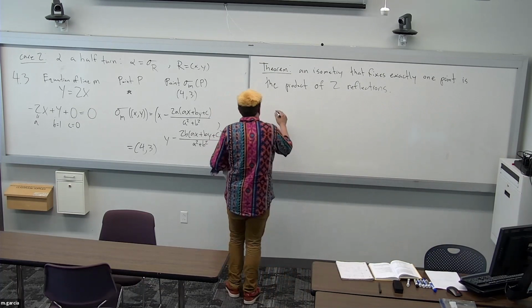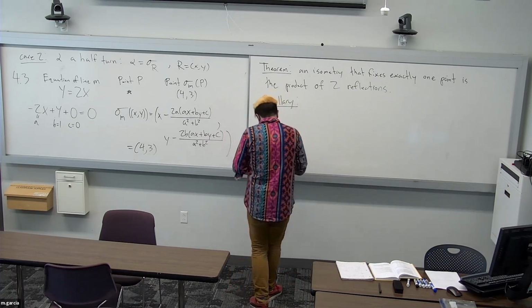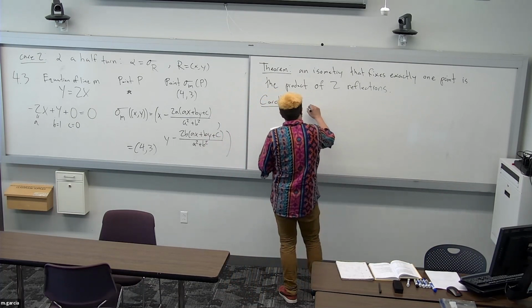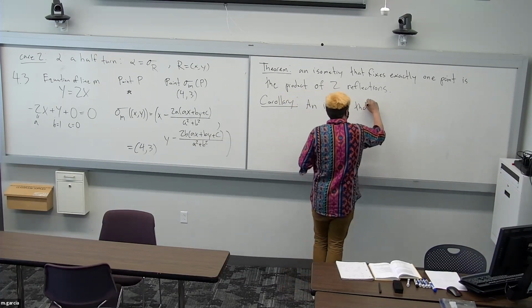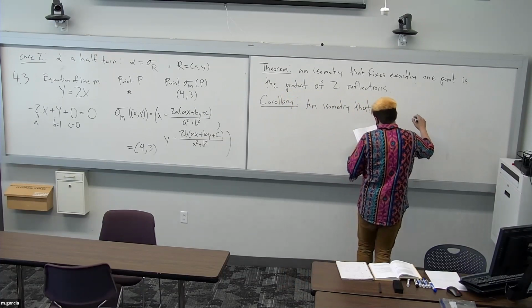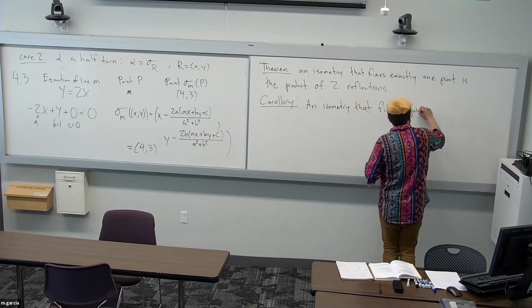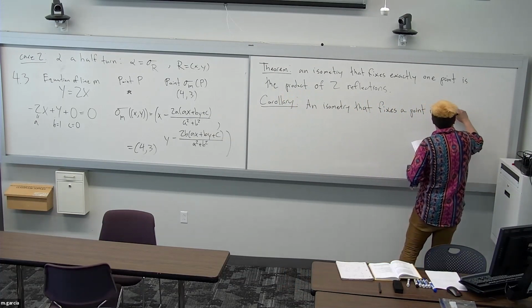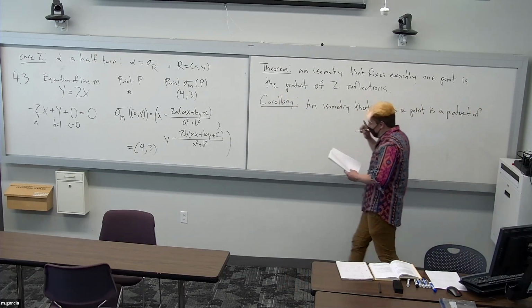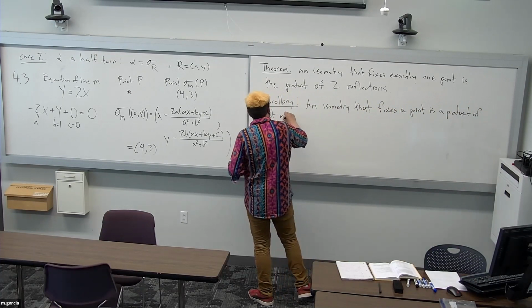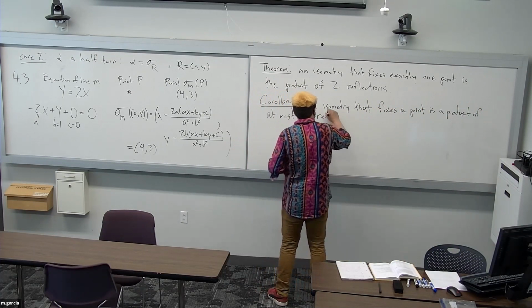Now, here's a corollary of this. An isometry that fixes a point is a product of, at most, two reflections.